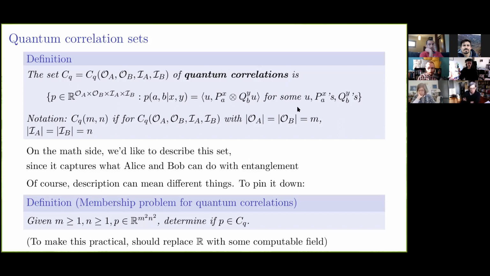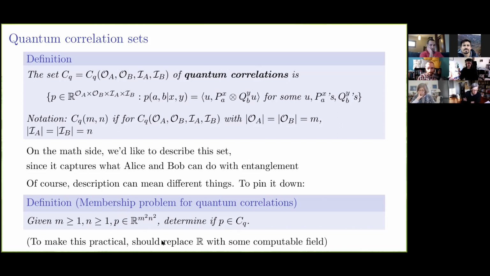To pin down what we would like in a description, we can talk about the membership problem for quantum correlations, which is: given some M and some N and some P, determine if P actually belongs to C_Q. A description that doesn't answer this question doesn't allow us to do very much with it. So this gives us a very generic way of talking about possible descriptions of the set.